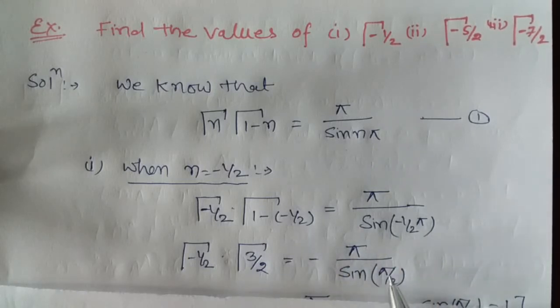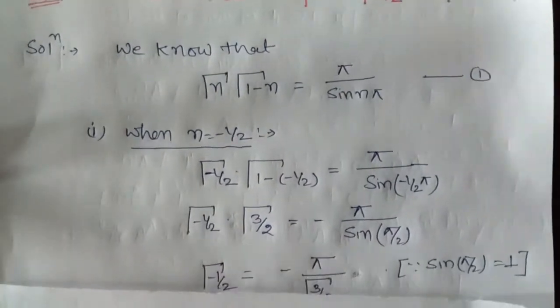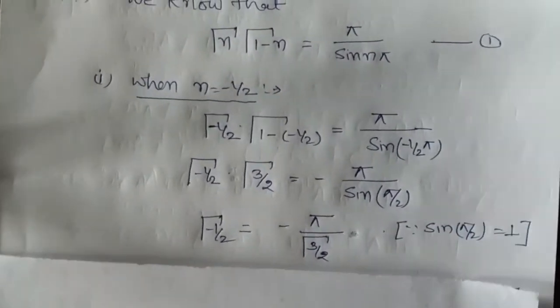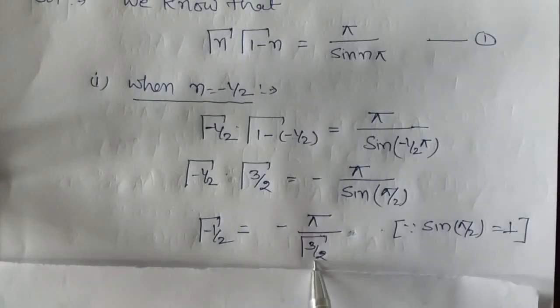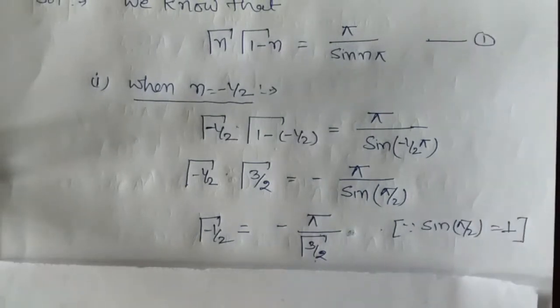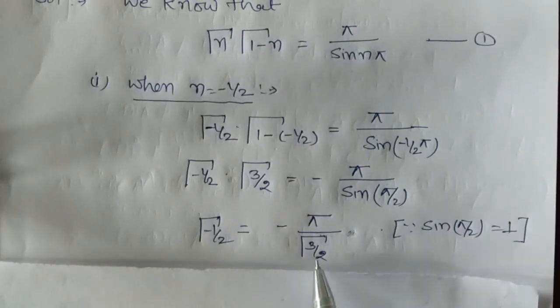Now again sine pi by 2 is 1, and we transfer this gamma 3 by 2 to the right hand side. Then we have gamma minus half is equal to minus pi upon gamma 3 by 2, as sine pi by 2 is 1.